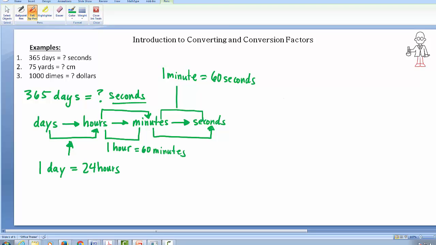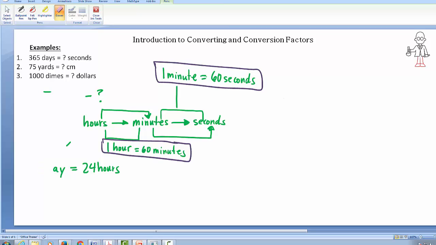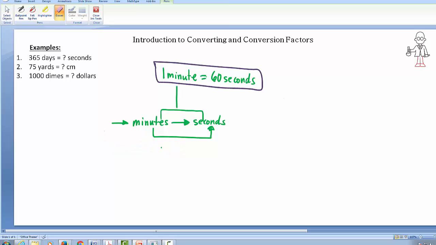So these are the three things that essentially we need to know to solve this problem. Now, we have established our equivalency, and we're going to take these three things and we're going to solve this problem.